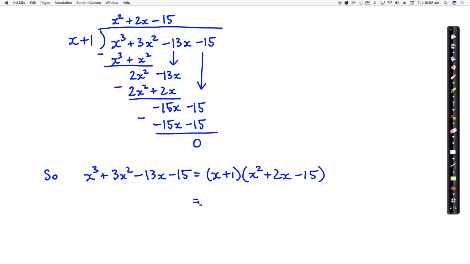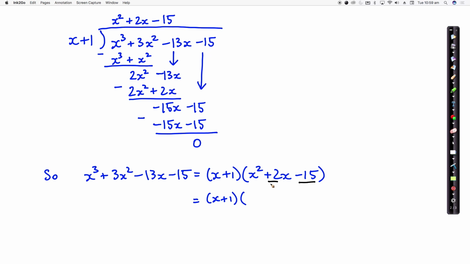Okay, so let's just continue this calculation, because by now we're very good at factorizing quadratics. So we've got the x plus 1 term here. And now we want two numbers whose product is minus 15 and whose sum is plus 2. And if we think about that for a while, we want to take plus 5 and minus 3.